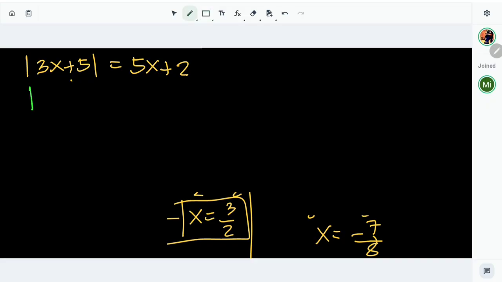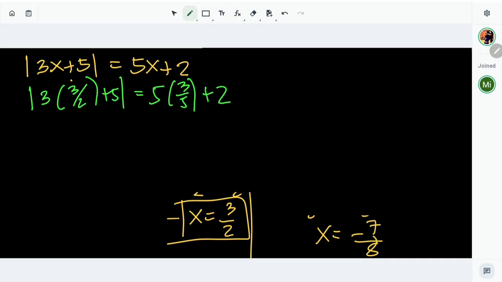Okay, so let's substitute each of these. So absolute value of 3 times 3 halves plus 5 equals 5 times 3 halves plus 2. So what is this? 9 over 2 plus 5. Absolute value of that is that one. This cancels out, so 3 plus 2 is 5.